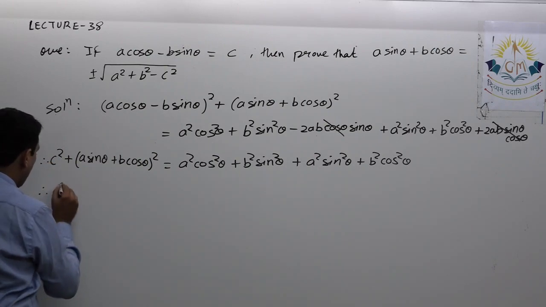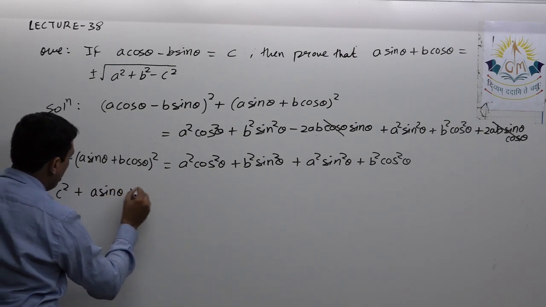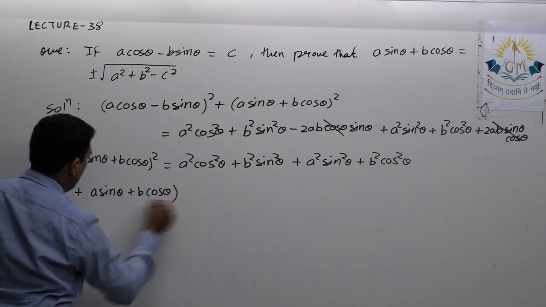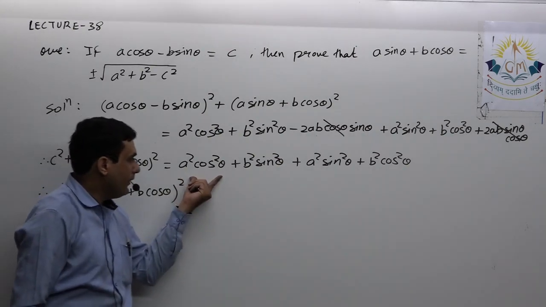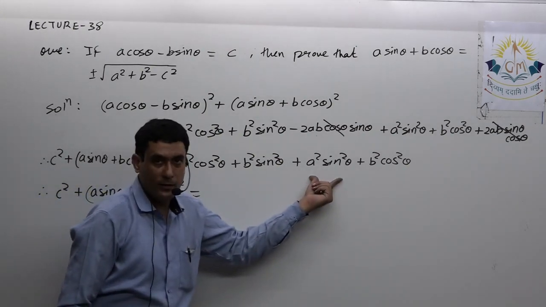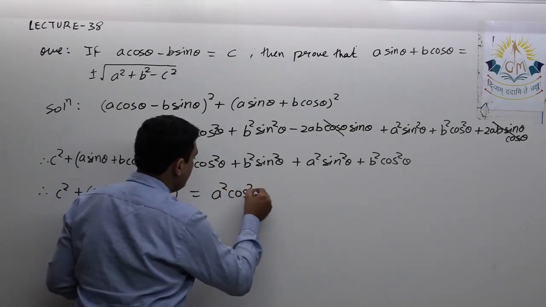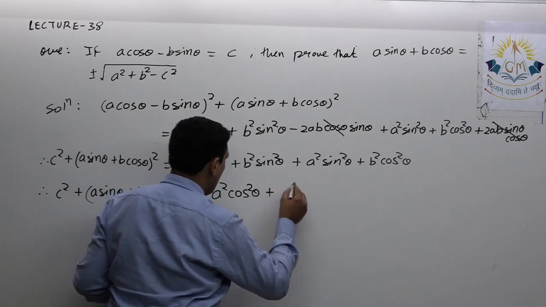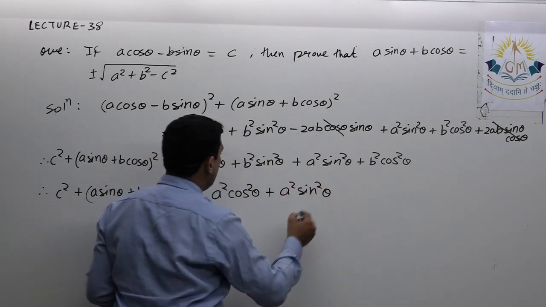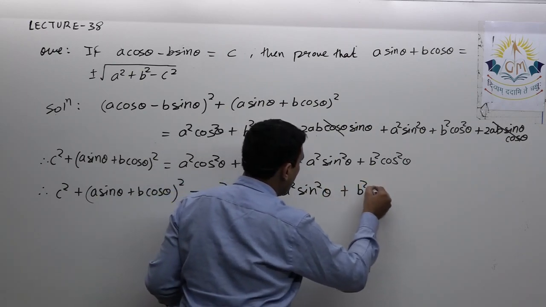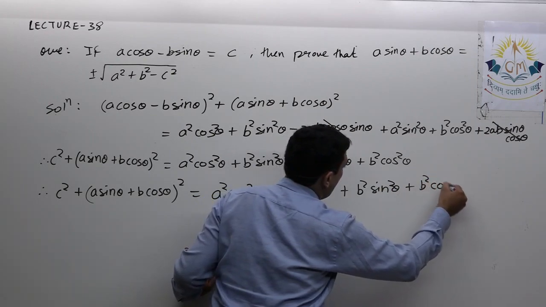Okay, so here I can write c square plus a sin theta plus b cos theta whole square is equal to, now from this I have here a square cos square theta, here a square sin square theta. So if I write these two terms together, a square cos square theta plus a square sin square theta plus b square sin square theta plus b square cos square theta.